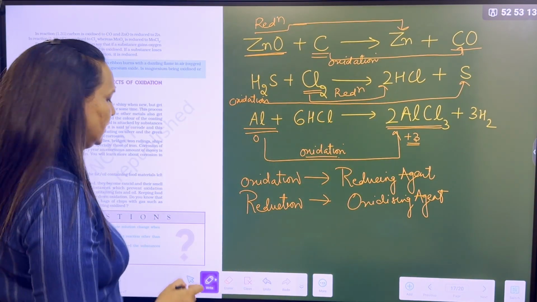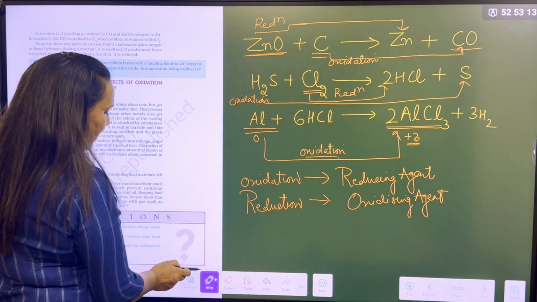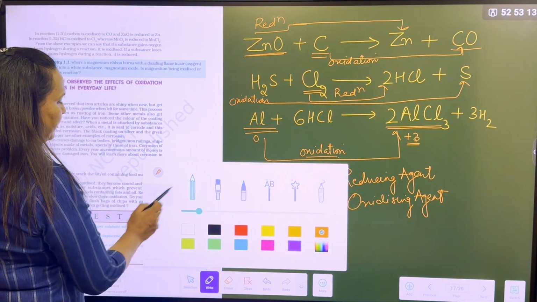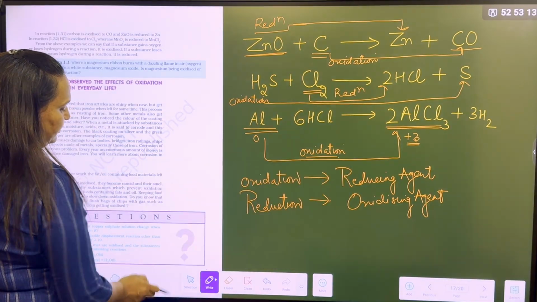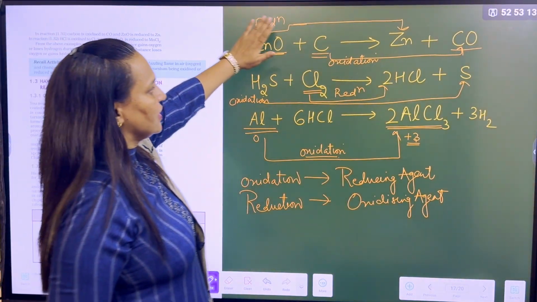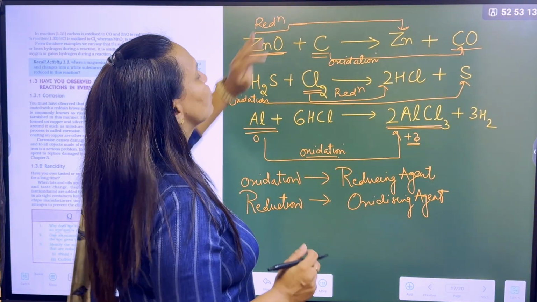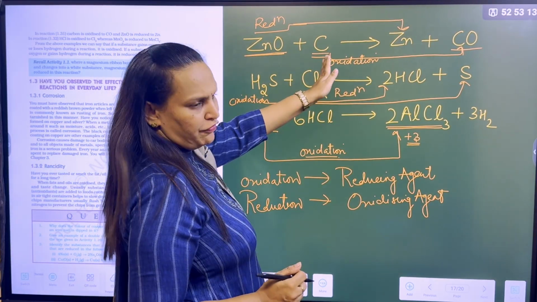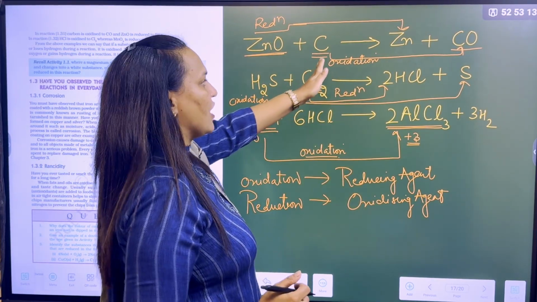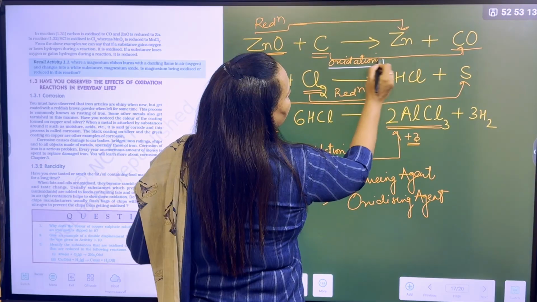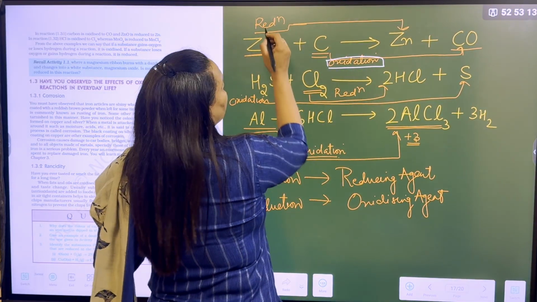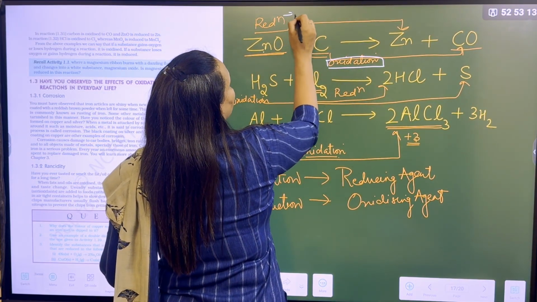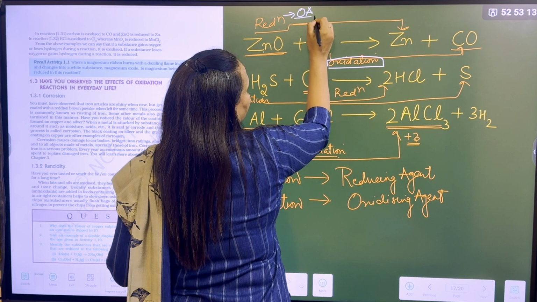For example, like you guys all have written here, zinc oxide is undergoing reduction. Who is doing its reduction? Its friend, its other reactant, carbon. Carbon is undergoing oxidation. So zinc oxide, which is undergoing reduction, is called oxidizing agent.